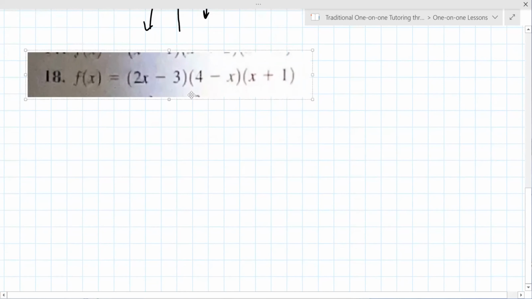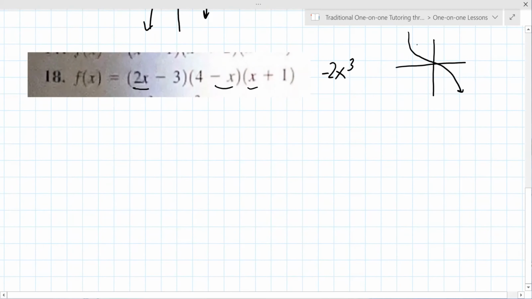All right, we can actually find the limits without graphing it. If you were to multiply these out, and this is very important, you would be multiplying that term and that term, and you would get -2x cubed. Normally an x cubed looks like this, but because it's negative, it flips and looks like this. That gives you the end behavior.